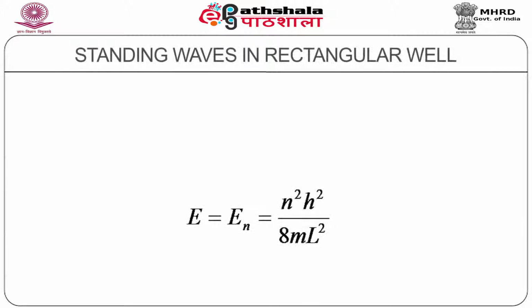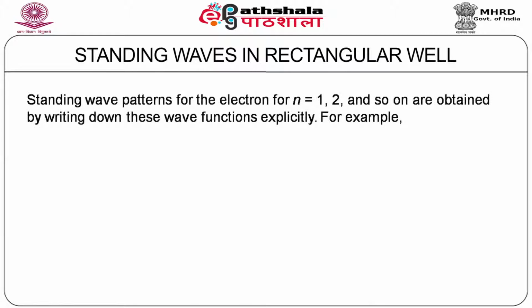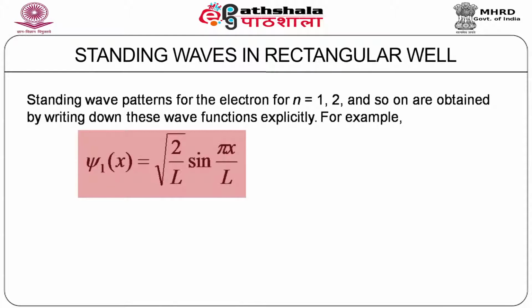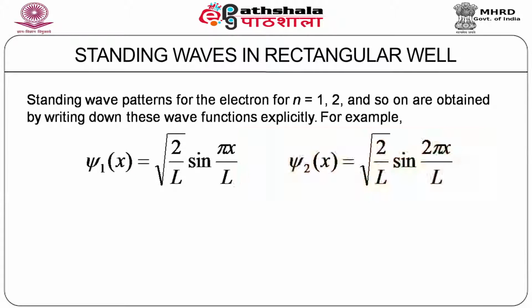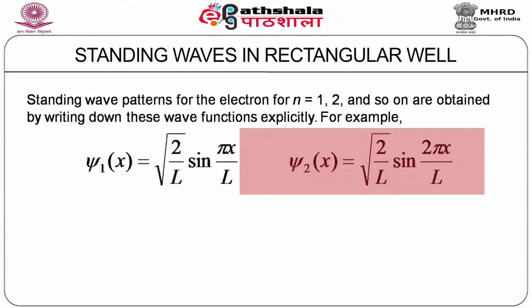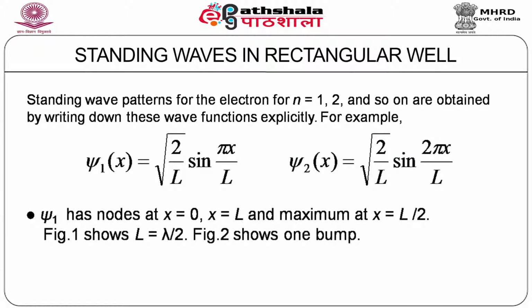Let us see the wave function, the standing wave patterns for the electron, for various values of n. If you put n equal to 1, then the wave function is psi 1 equal to 2 by L under the root sine pi x by L. If you put n equal to 2, then you get 2 by L under the root sine 2 pi x by L. Now, you can see that psi 1 has nodes at x equal to 0 and x equal to L, because if you put x equal to 0, then sine 0 is 0.